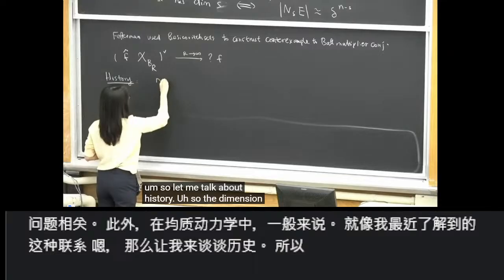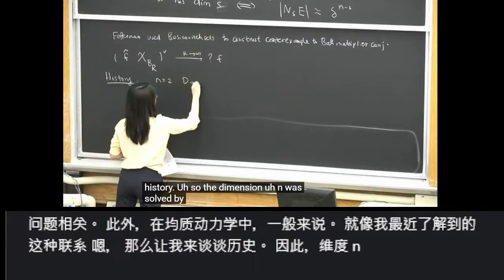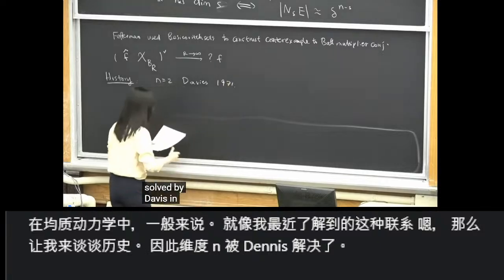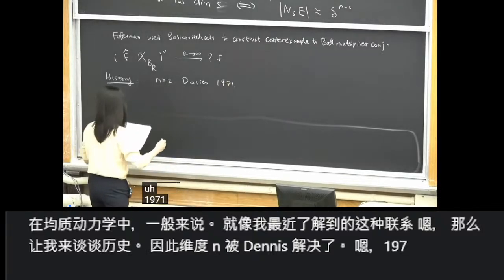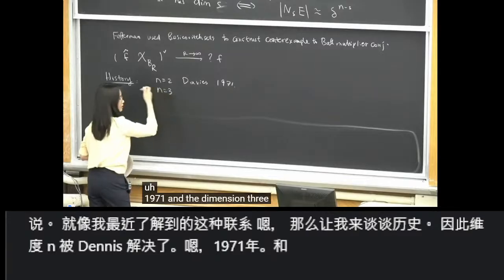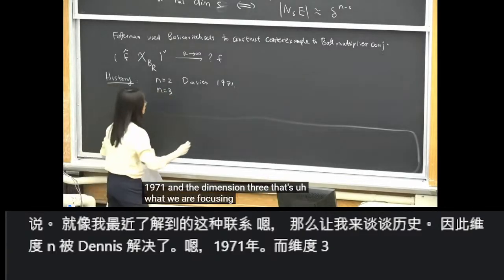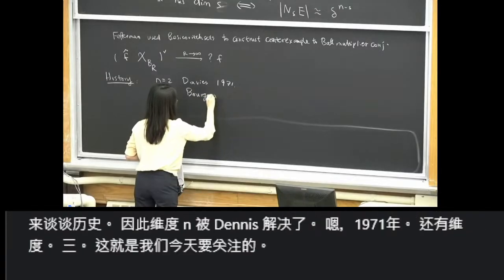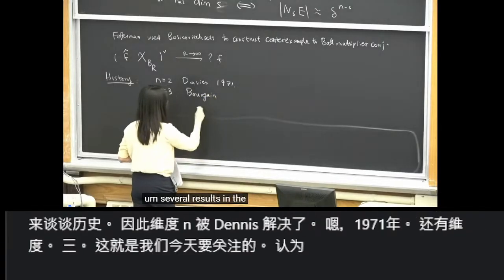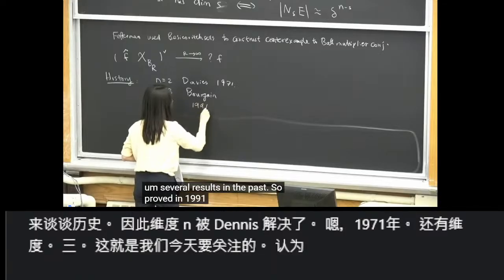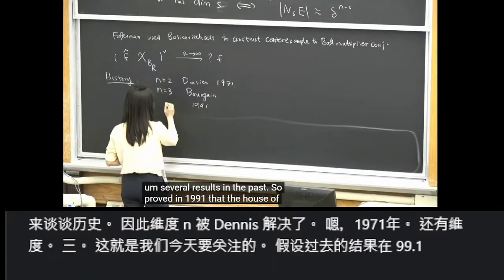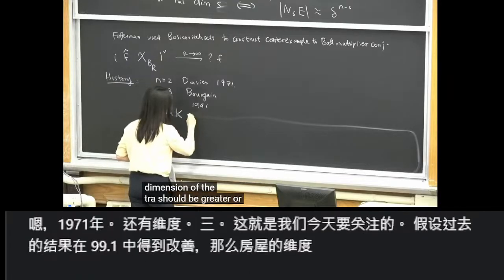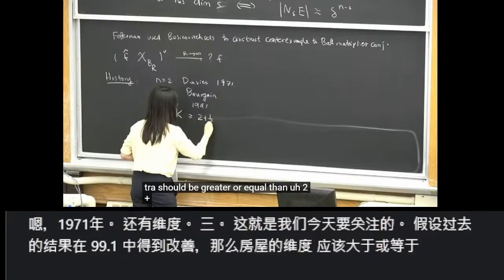So dimension 2 was solved by Davies in 1971. And dimension 3, that's what we are focusing on today. There have been several results in the past. So Bourgain proved in 1991 that the Hausdorff dimension of a Kakeya set should be greater than or equal to 2 plus 1/3.